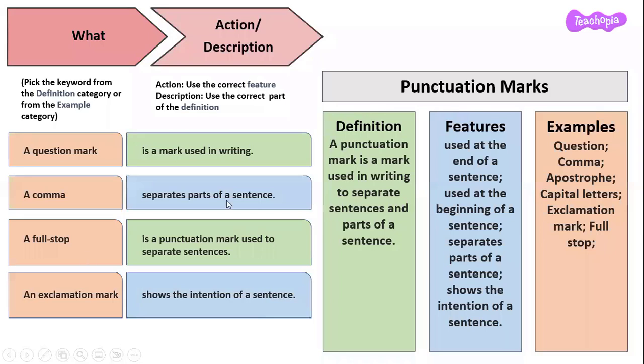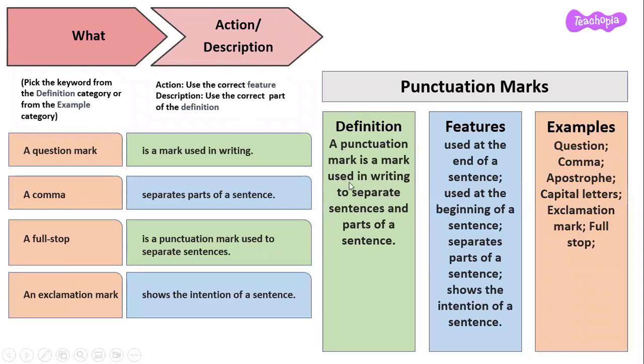So here you can see how we have used the different categories to come up with sentences. Once again, let me reiterate it for you. If you want to talk about an action, you can use a word or a phrase from the features category. If you want to talk about a quality or you want to describe something, you can use a word or a phrase from the definition category.